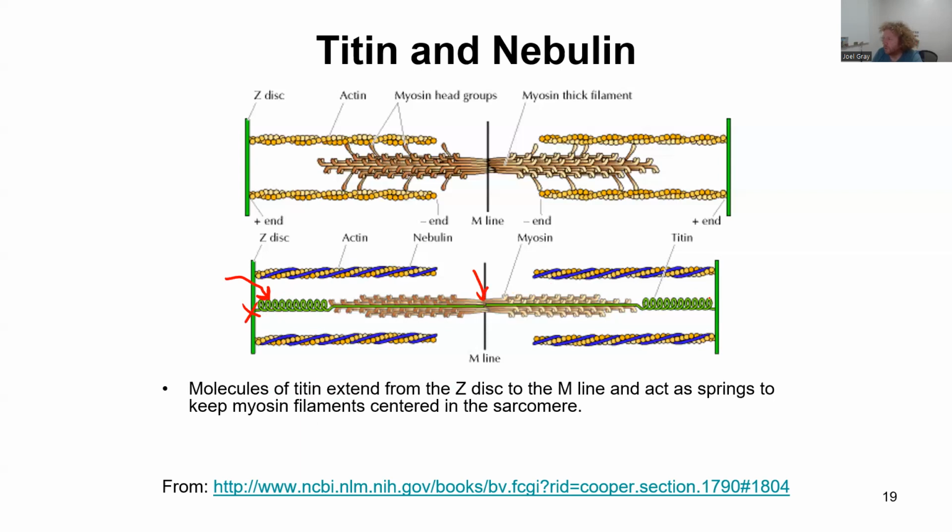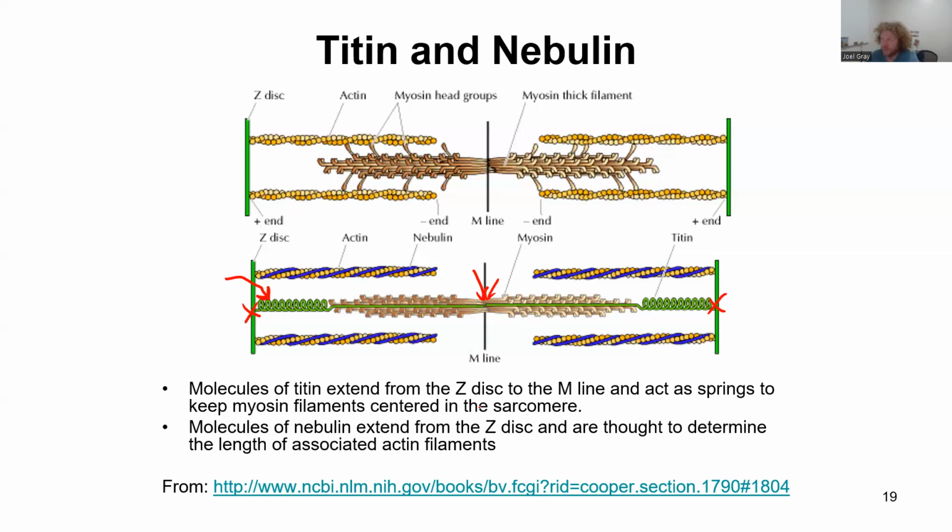We've also got titin going from here to here. Now, titin is the largest known protein. We looked at it previously, I think it's 37,000 amino acids. This is an extremely long protein, and it acts as a spring to basically keep those myosin filaments anchored in one particular location.